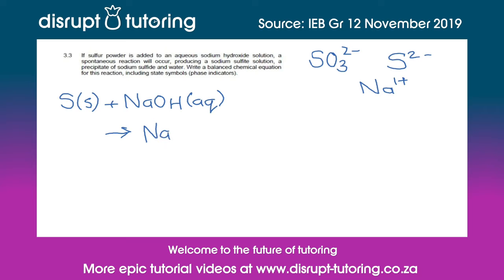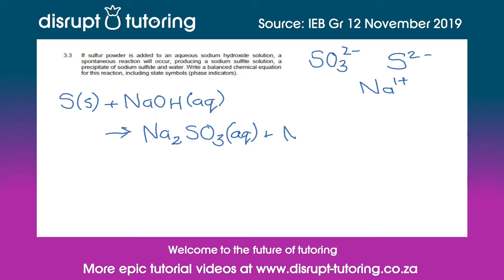So we have sodium, and that bonds with the sulfite ion. And since the sulfite ion has an oxidation number of 2-, we will need 2 sodium atoms to bond with the sulfite ion. And that will be an aqueous solution. Then we have our sodium sulfide precipitate, and a precipitate is a solid within an aqueous solution.